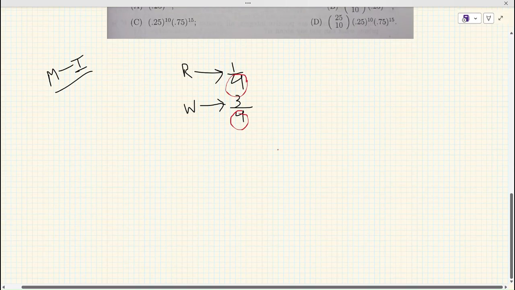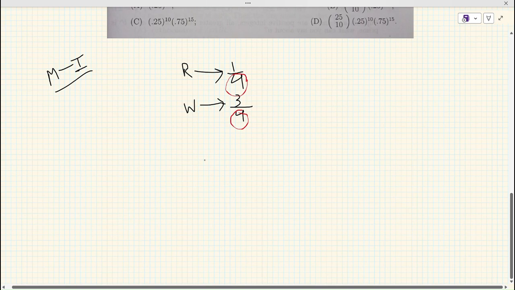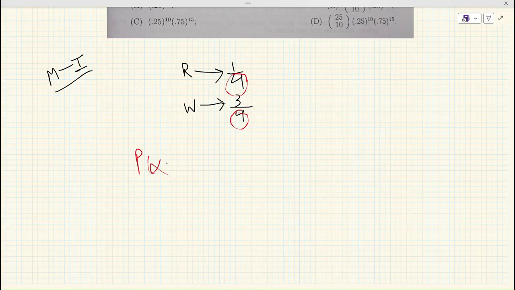We can define the probability distribution like this: X equals small x. The PMF, or probability mass function, of binomial distribution is n C x, times p, the probability of success, to the power x, and q to the power n minus x.